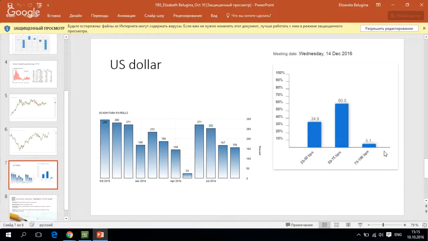And here we can see at the chart that the possibility of a US rate hike has sizably increased. A week ago, it accounted for about 50%. Now we are talking about 60%. This data is accumulated from the futures on the federal funds rate.